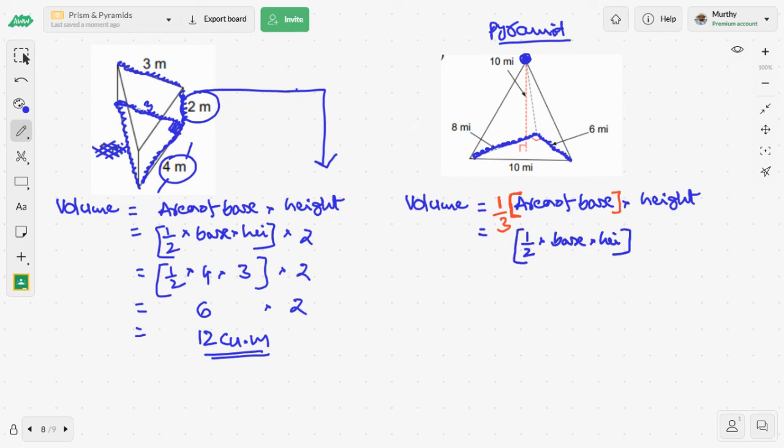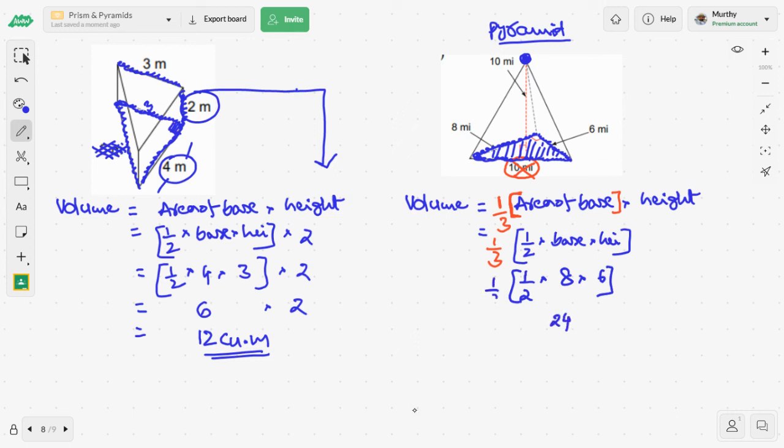Sometimes there may be unnecessary information to divert you. You have to be really careful. I see that there is nothing to do with this hypotenuse of the triangle, because when you are computing the area of a triangle, we need base and height and not necessarily the value of the hypotenuse. So here, half times 8 times 6, that is 48, half of 48 is 24.